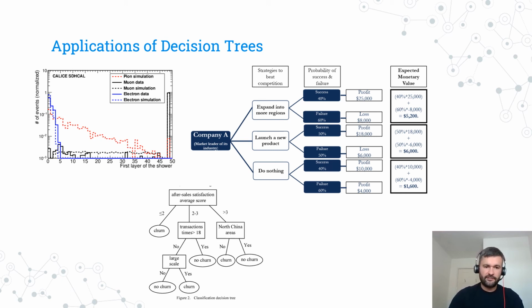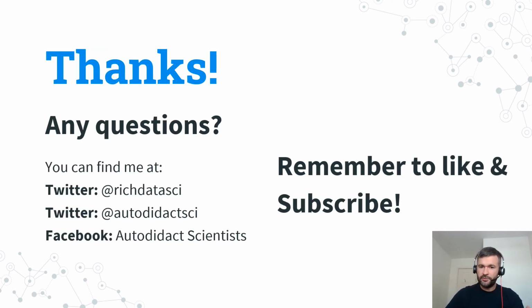Decision tree classifiers are also used in system design and in physics, especially around particle detection. It also finds application in manufacturing production, wherein it can be put into quality control, anomaly detection, and semiconductor manufacturing, for example. And that concludes our video on decision trees.